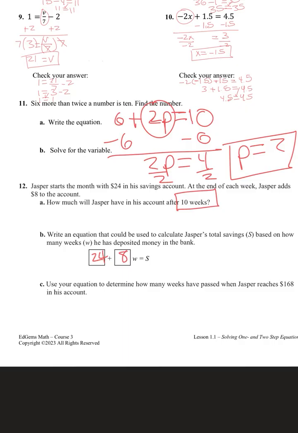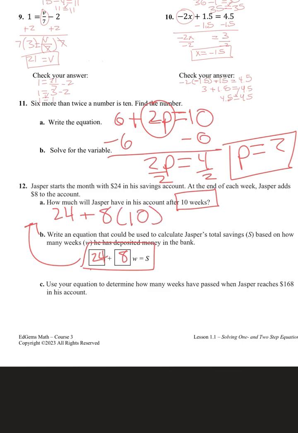So we're going to take the equation in part B and apply it to part A. So I've got 24 plus 8 times the number of weeks, which is 10. Let's rewrite that. So 8 times the number of weeks, which is 10.